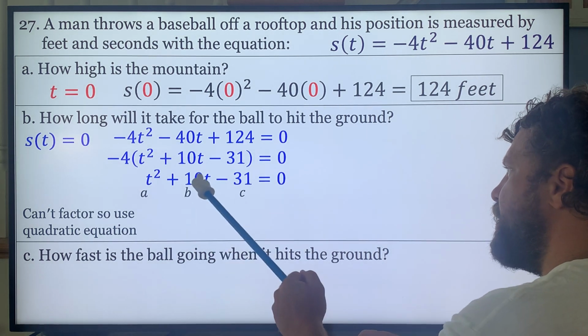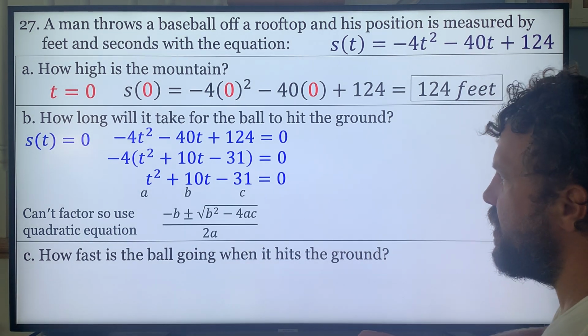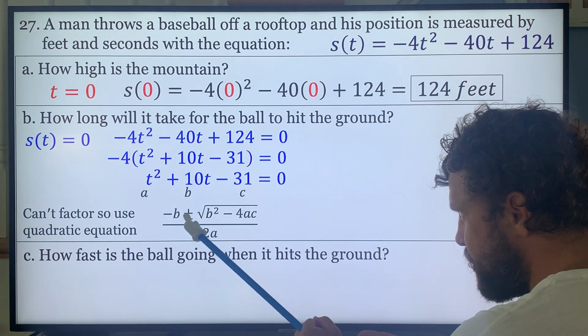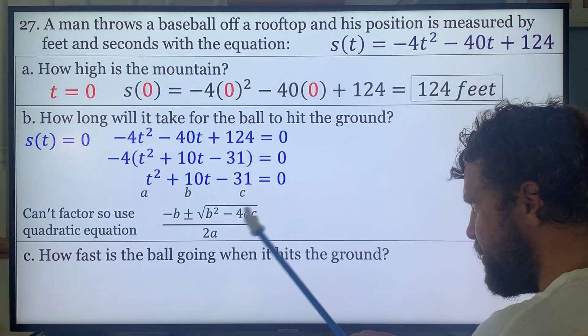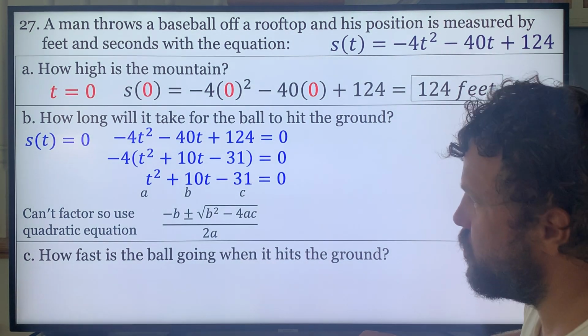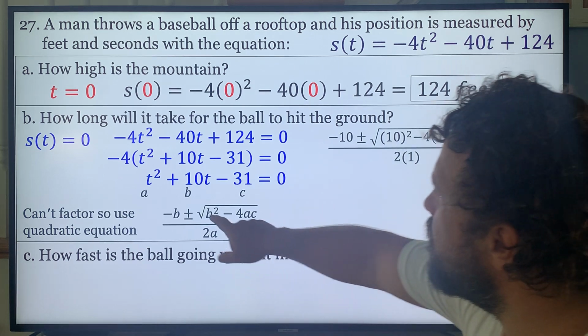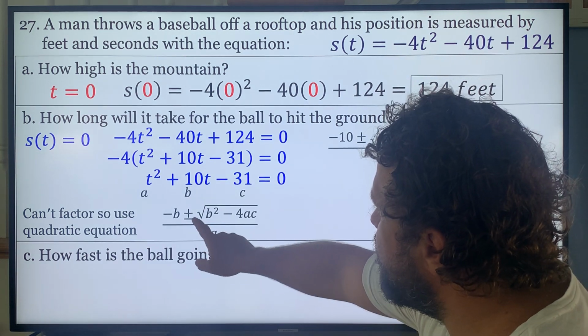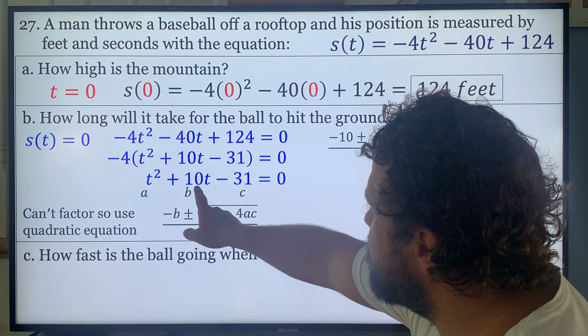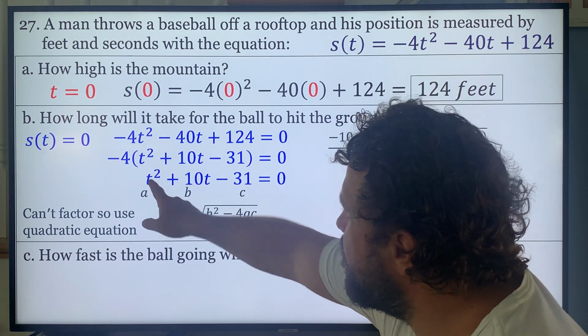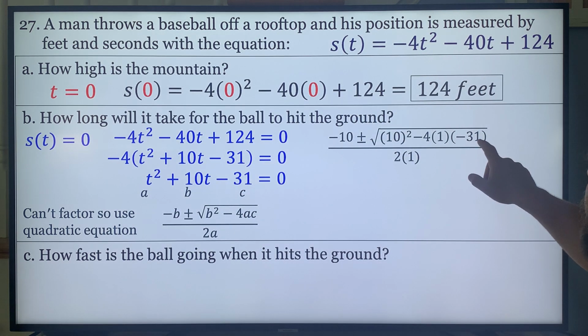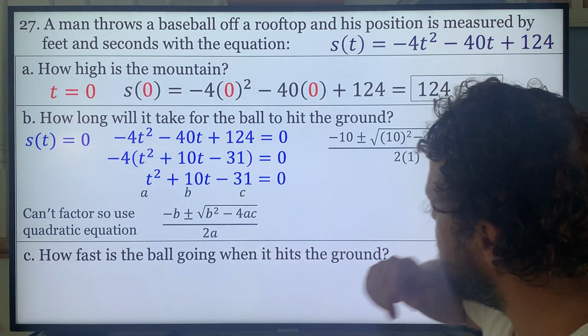A is 1, B is 10, C is negative 31, and the equation is negative b plus or minus the square root of b squared minus 4ac, all divided by 2a. Negative 10 plus or minus the square root of 10 squared minus 4 times 1 times negative 31. Make sure you carry the negative sign.